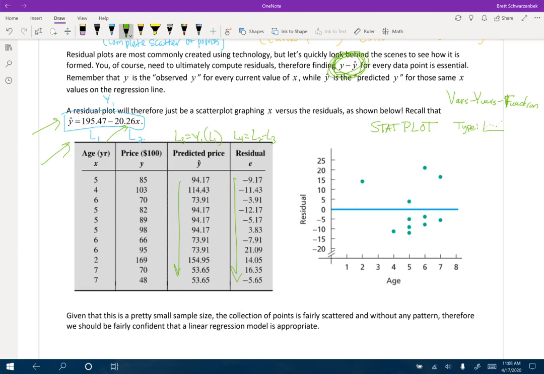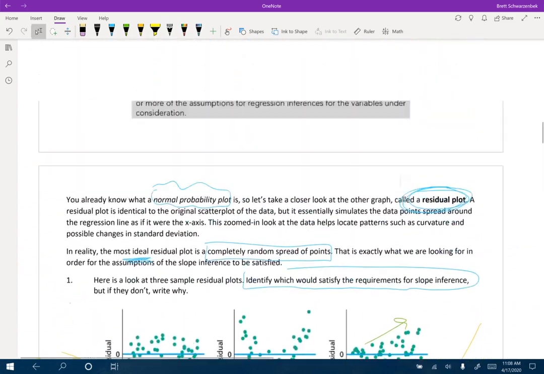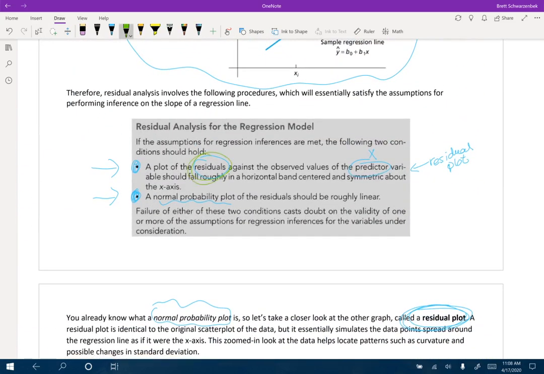Right now, you probably have X list of L1 and a Y list of L2 because you were graphing that regression line. But now, remember, a residual plot is graphing residuals versus X.